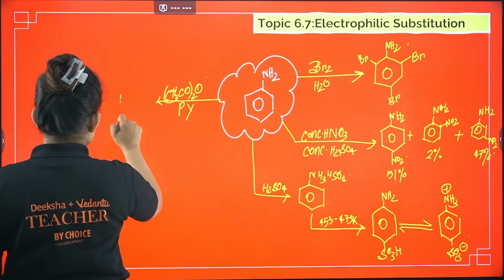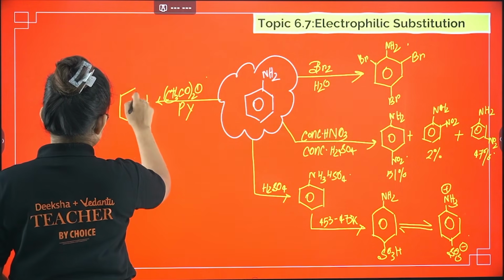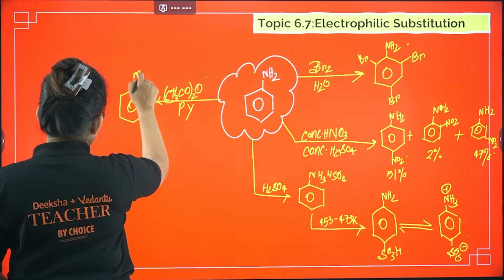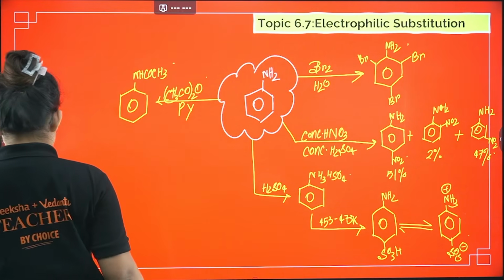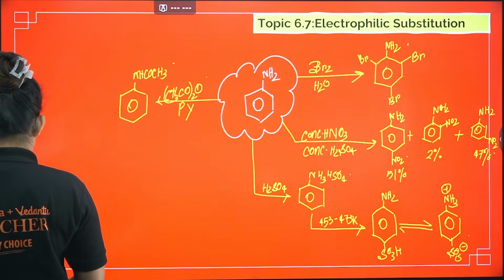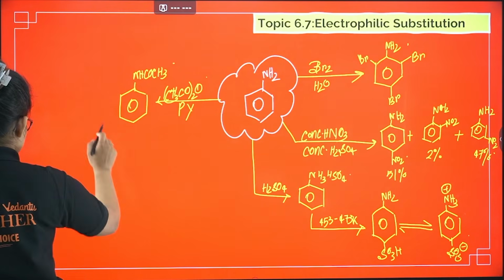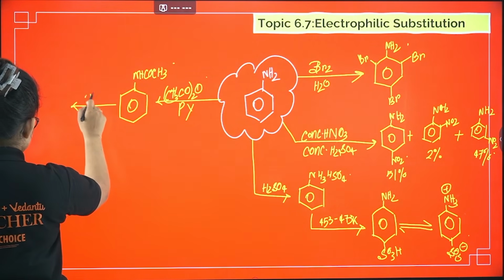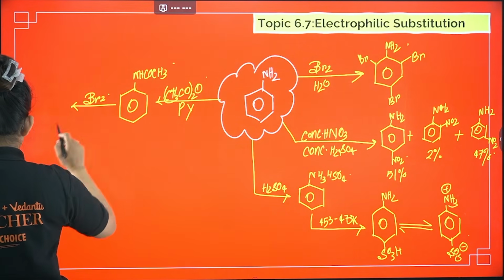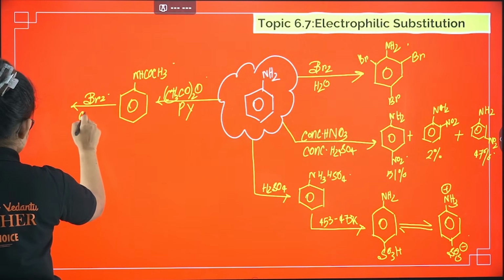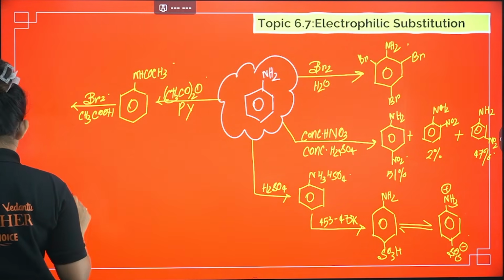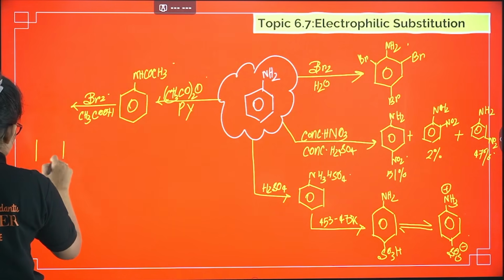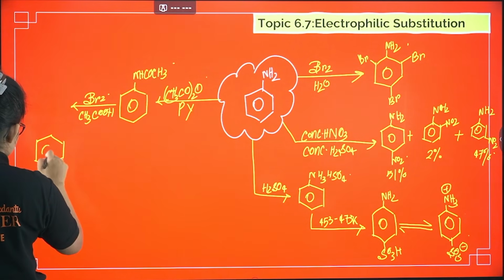So here you will end up with NHCOCH3, right? Just now we discussed this type of reaction. Now if I give bromine here, Br2 in presence of acetic acid, let's say CH3COOH, then I will get para bromo substituted compound.